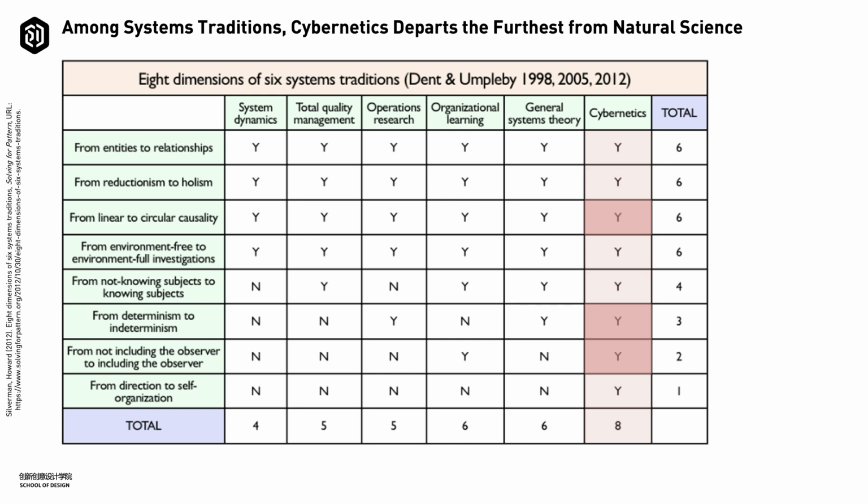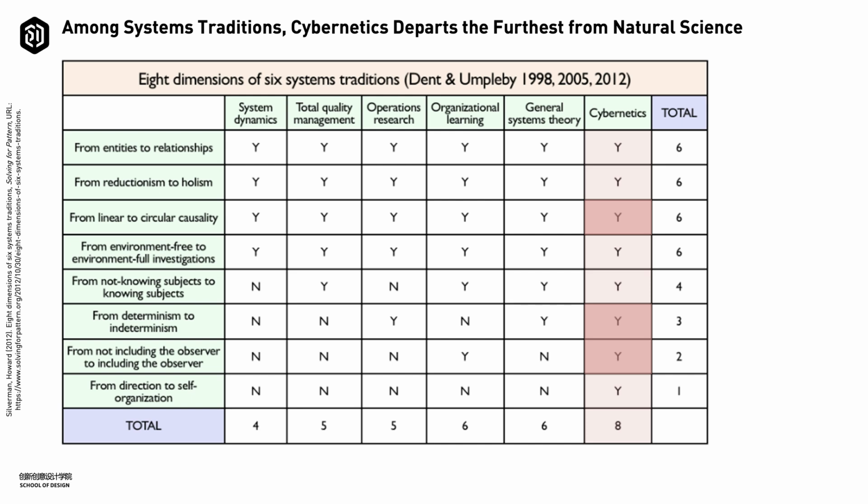With all of these assumptions, these systems traditions depart and move away from conventional natural science, moving away from entities to consider the relationships between entities, for example.